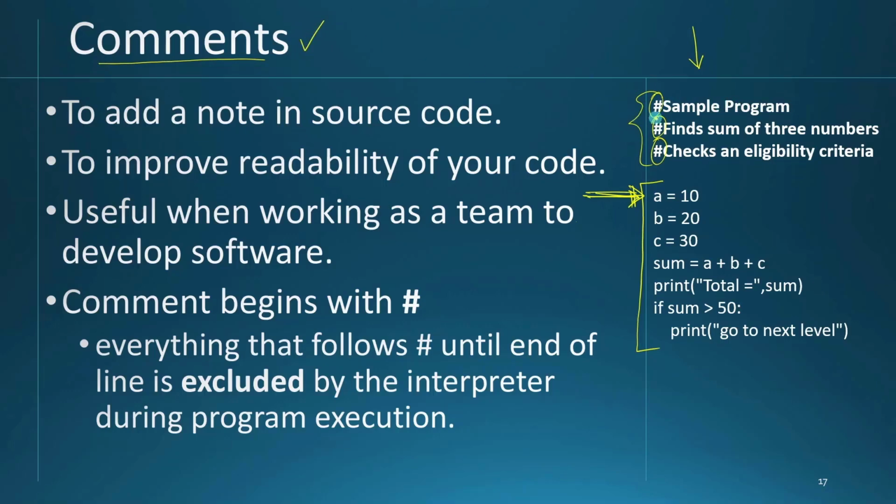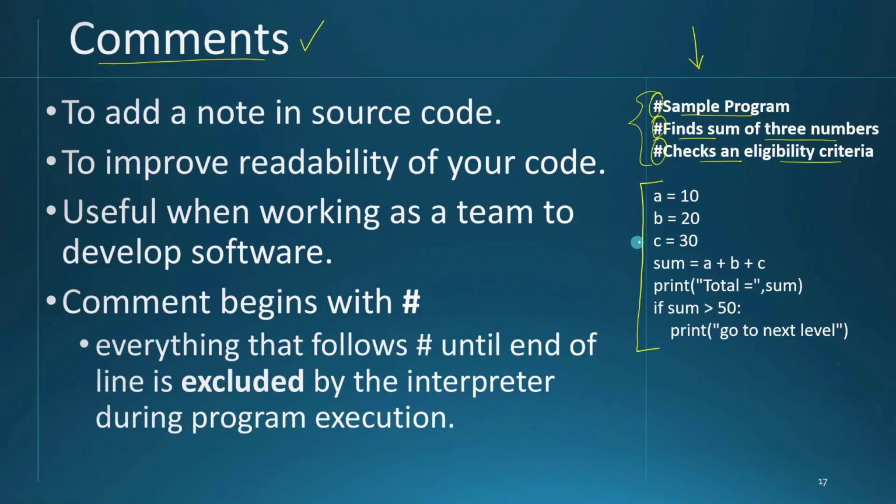It is seen as an explanation or a note that you write to define the purpose of the program, written in plain English. In the first line I have started with hash and I say this is a sample program. In the second line I say it finds the sum of 3 numbers, and the third line says this program also checks an eligibility criteria.